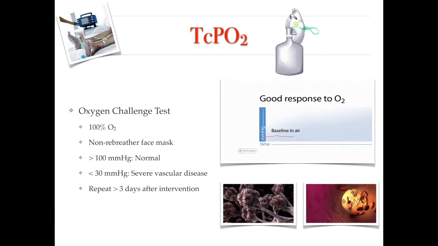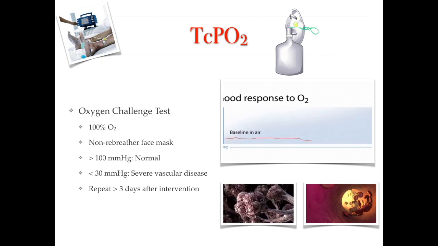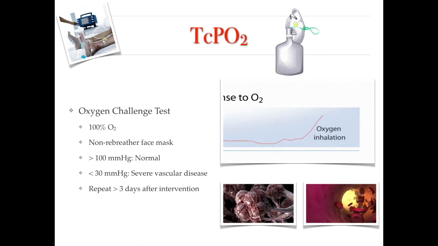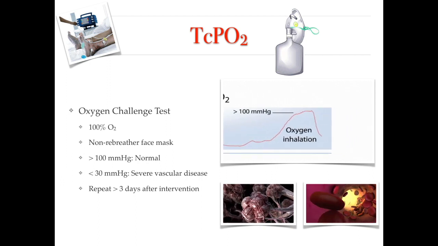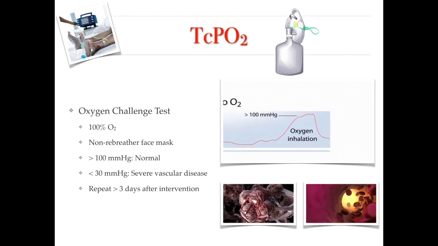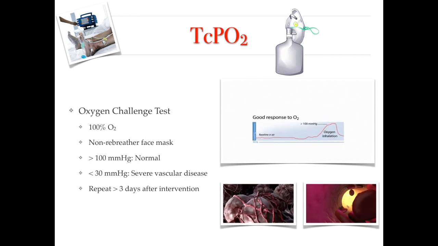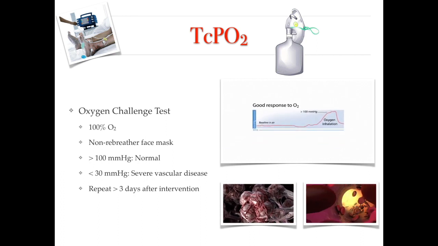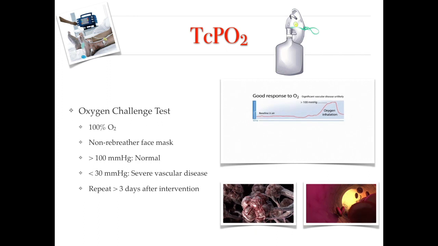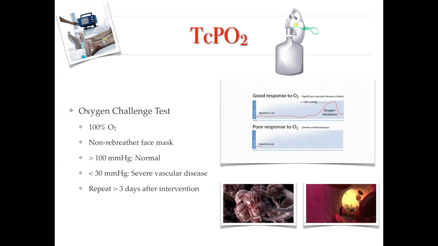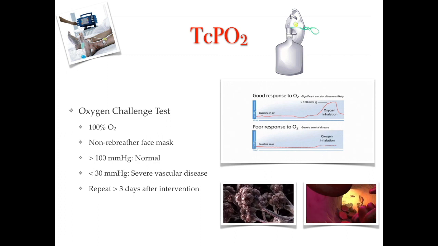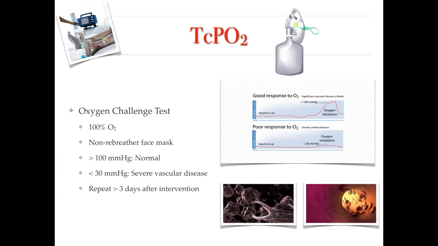A patient with an oxygen challenge test who has values exceeding 100 millimeters mercury has a normal response to oxygen. If the patient's values do not increase while inhaling oxygen, the patient probably has significant peripheral arterial disease and needs to be reassessed as far as his vasculature is concerned.